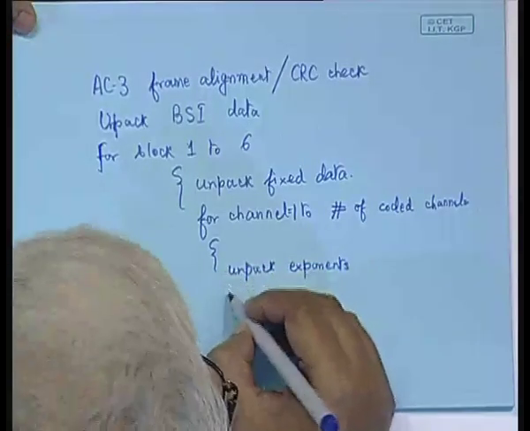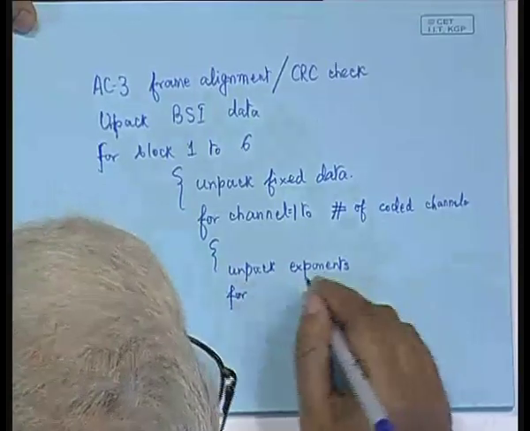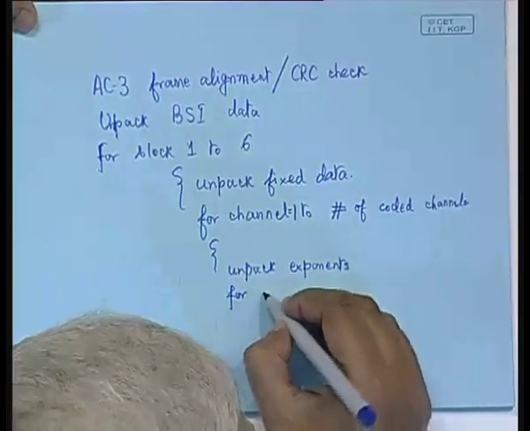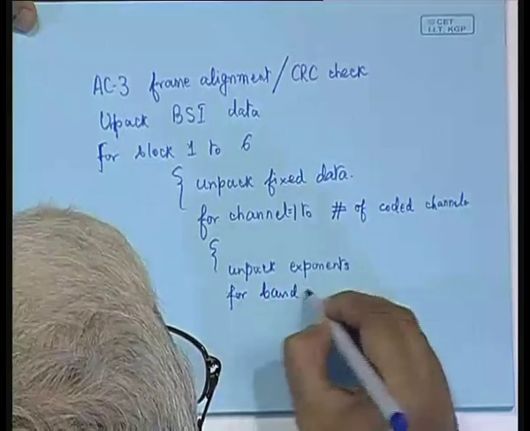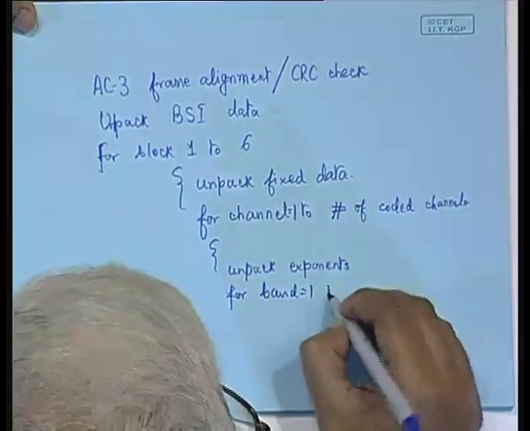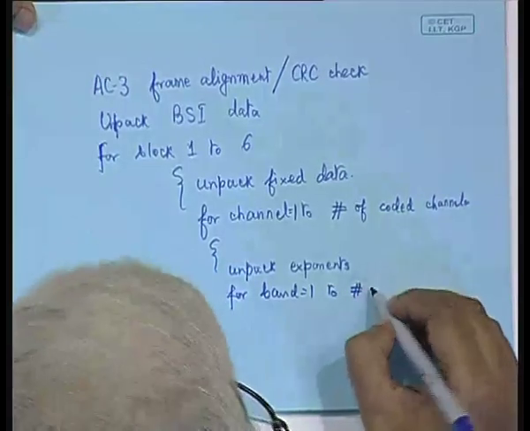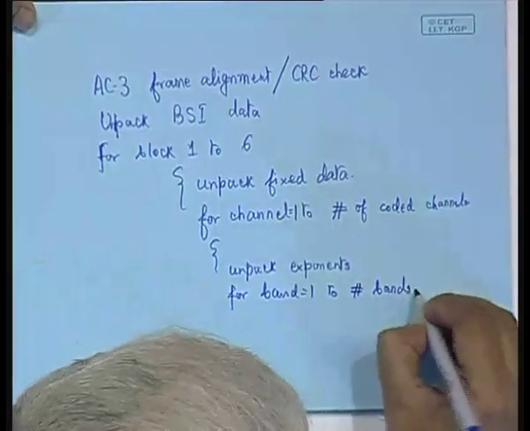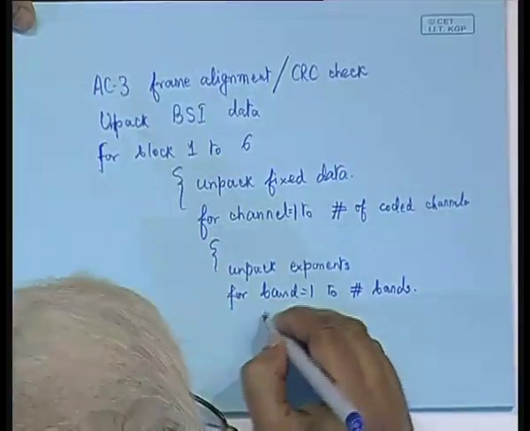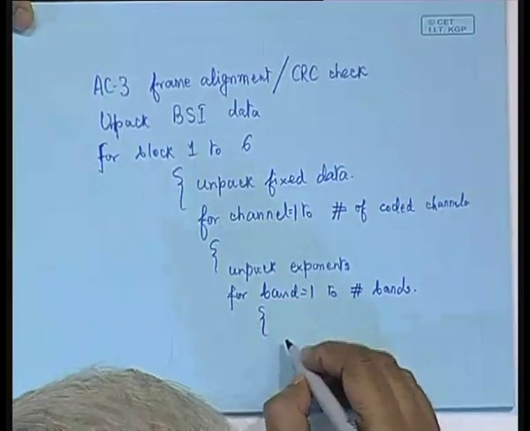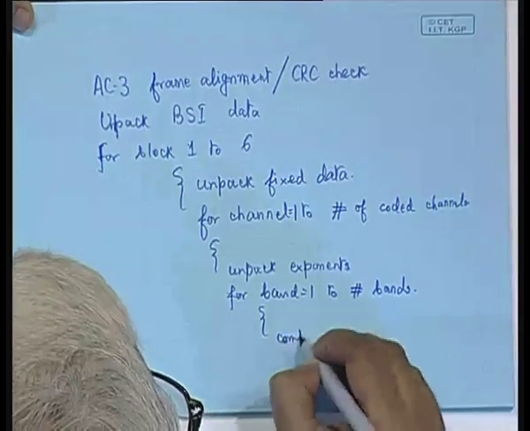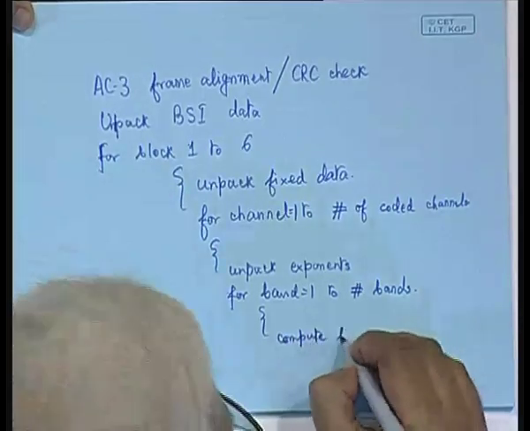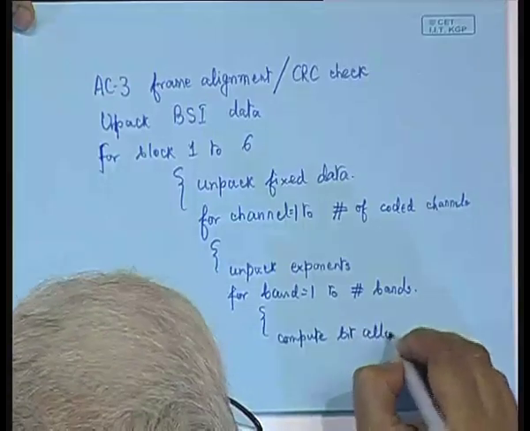By bands I mean the critical bands of the psychoacoustic model. So, for band number 1 up to the number of bands, after unpacking the exponents, what we have to do is to compute the bit allocation, meaning extract the bit allocation parameter.